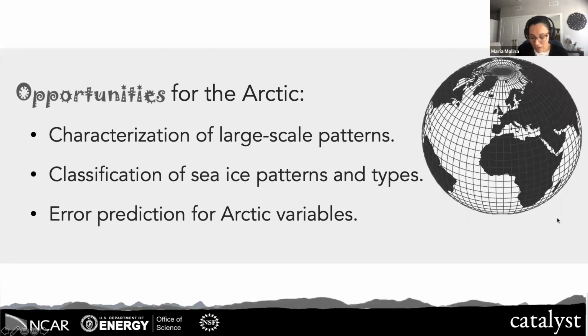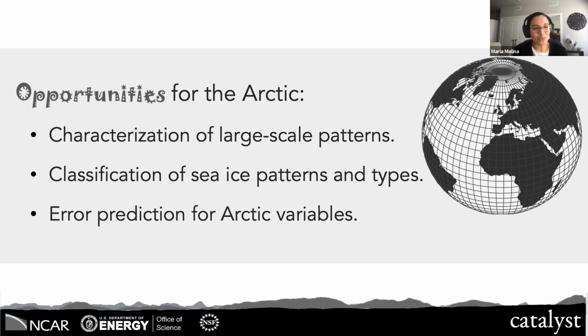And so I did some thinking about potential opportunities for the Arctic, and this is my last slide. But we know that we can use machine learning to characterize large-scale patterns over the Arctic, potentially analyzing how those patterns are changing. We can also classify sea ice patterns as well and look at different types of sea ice and perform error prediction for Arctic variables.